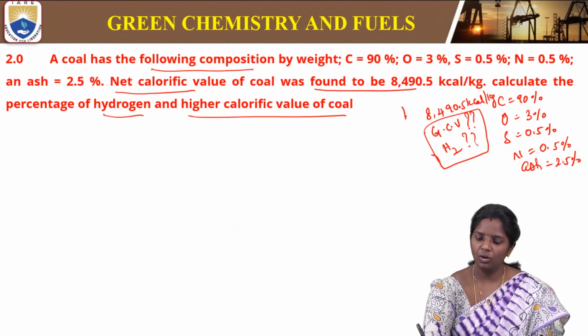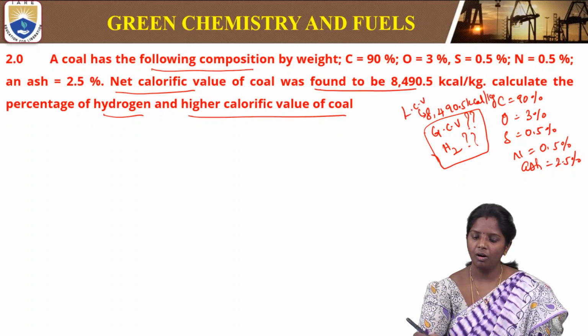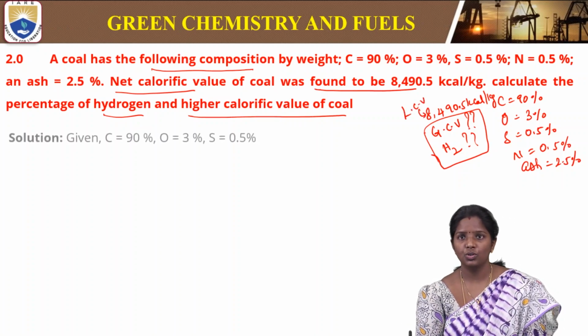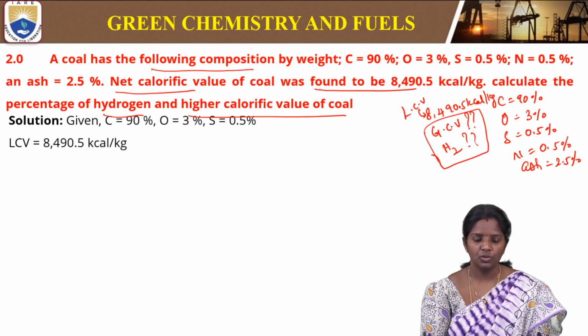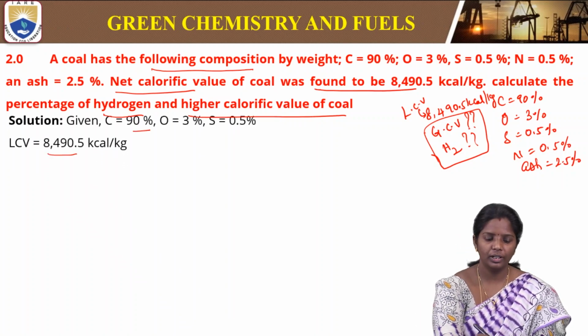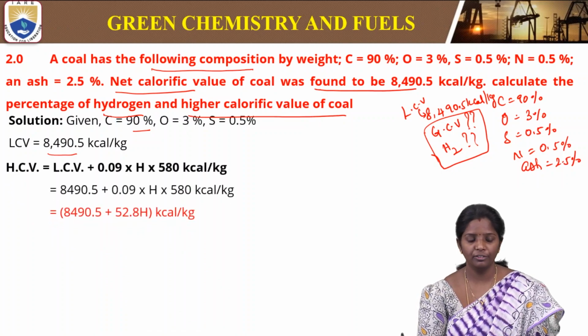So this is the lower calorific value or the net calorific value. Now let us see the formula. The lower calorific value is 8,490.5.